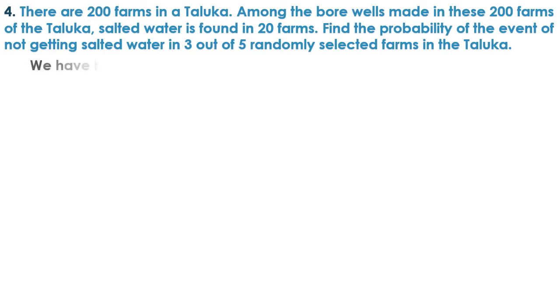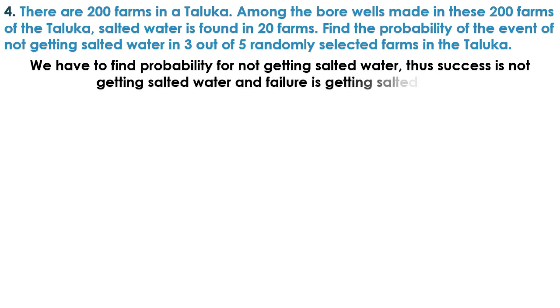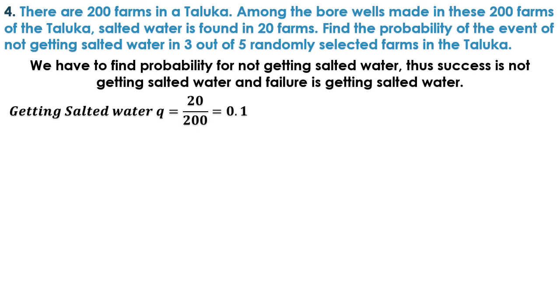So we are getting salted water in 20 farms out of 200 farms. So getting salted water is failure, that is 20 upon 200, that is 0.1.